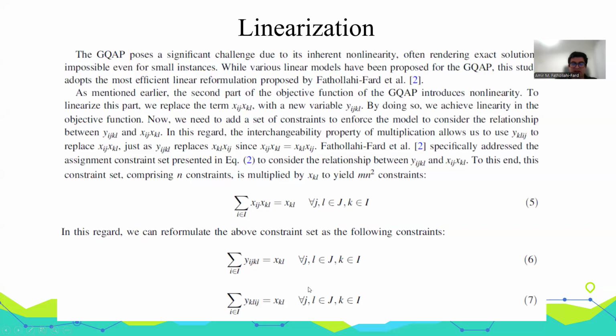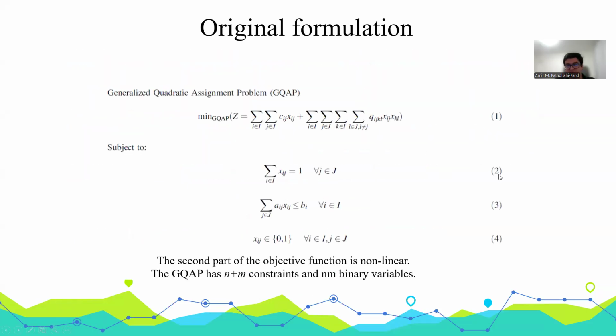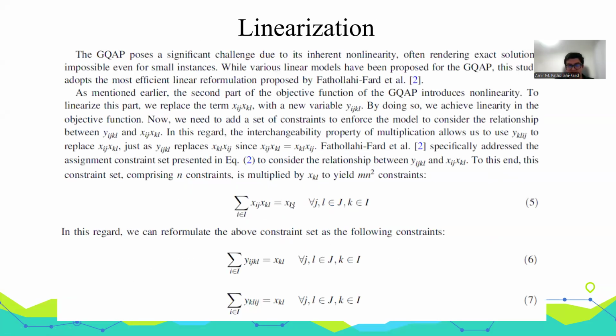To explain it more, consider equation number 2, where we have the sum on I of variable xij equals 1. Now we multiply both sides of this constraint by xkl, and then we will have two new constraints.